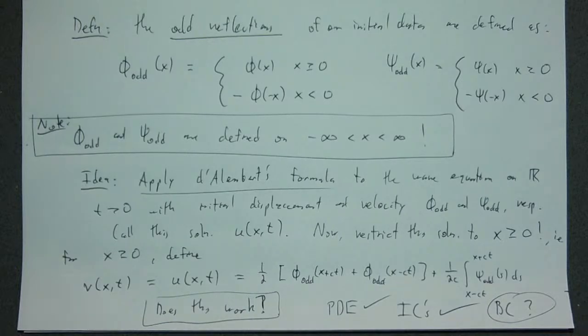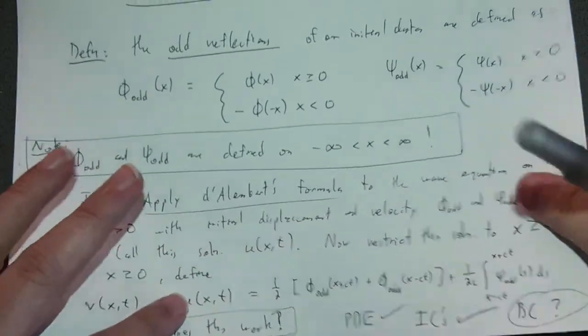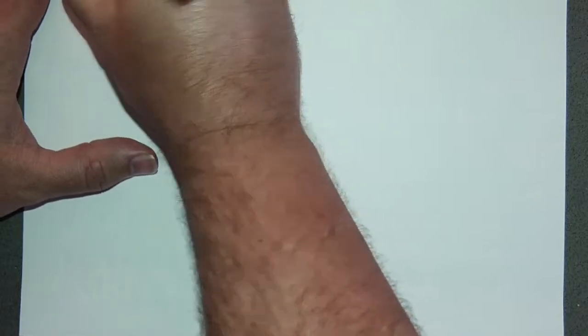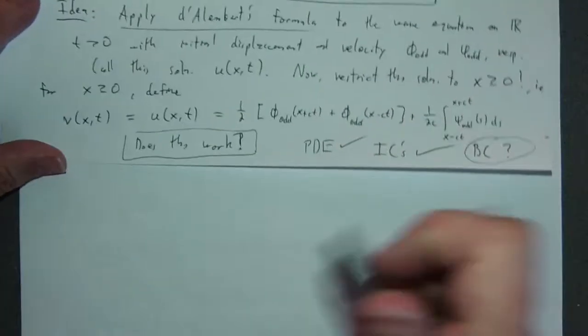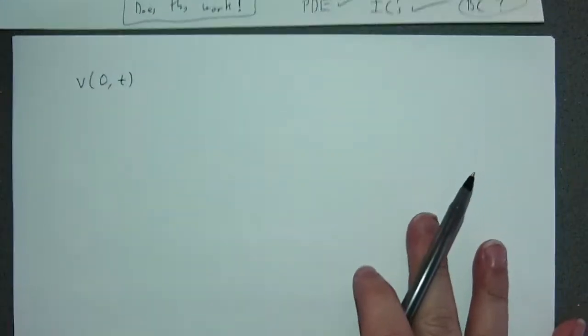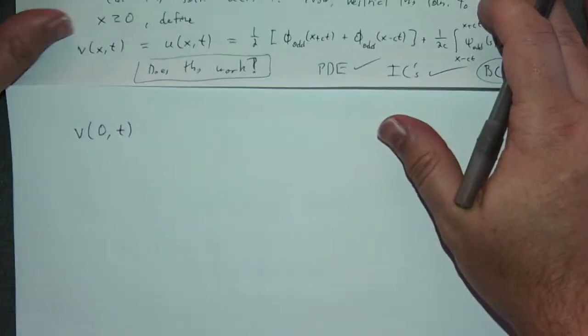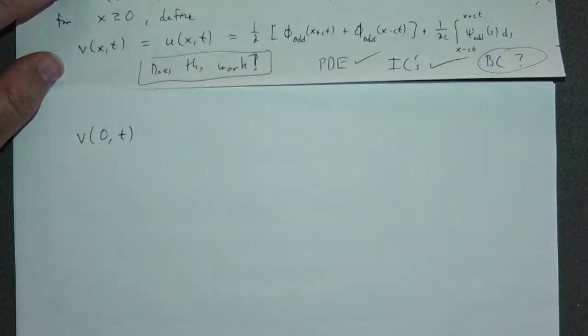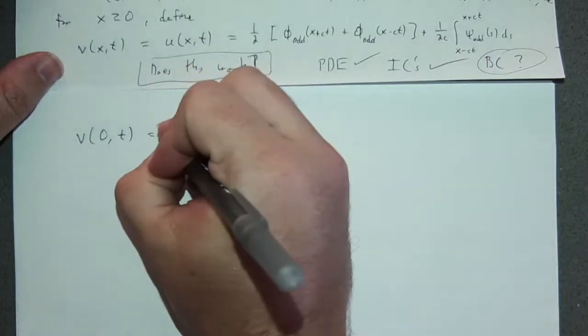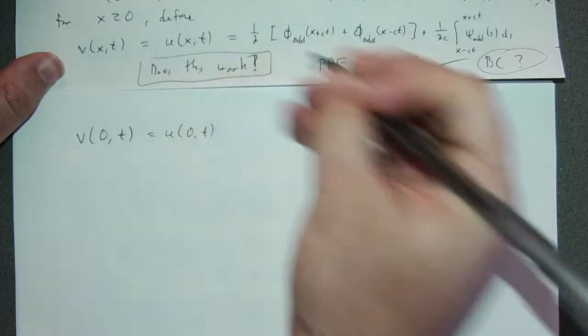Well, let's plug in the boundary condition and see whether or not this is 0. So v of 0,t. Let's go back to my formula here. Here's my formula for v. Okay. There's my formula for v. Let's plug in 0 here. What do I get? This is u of 0,t.